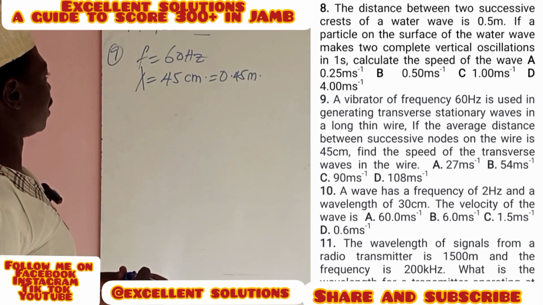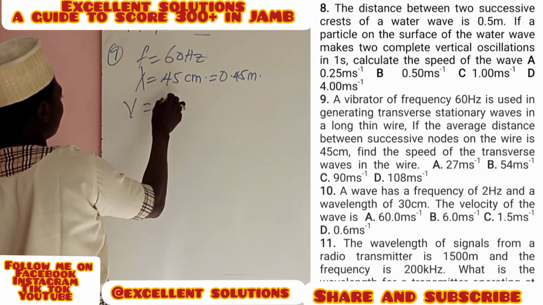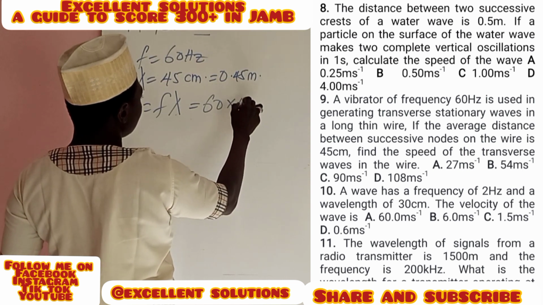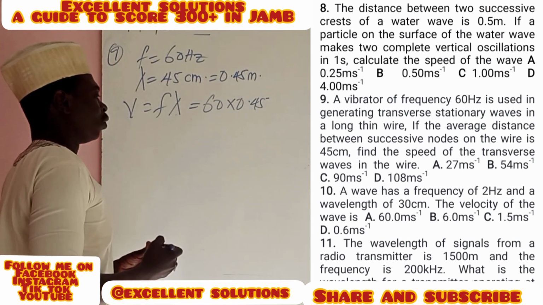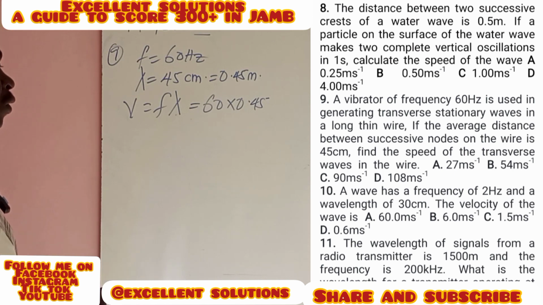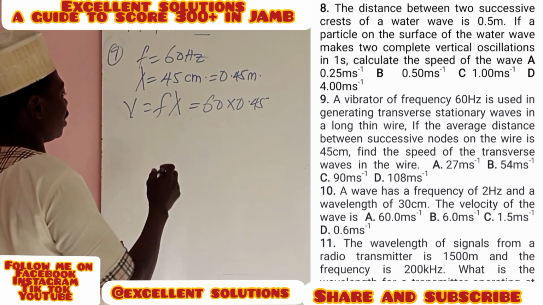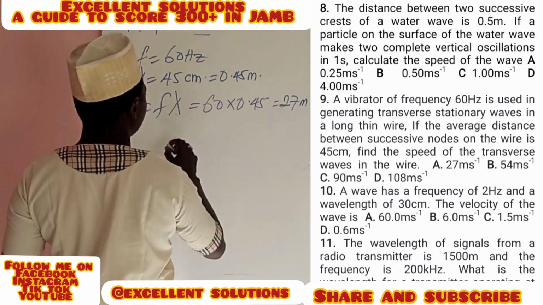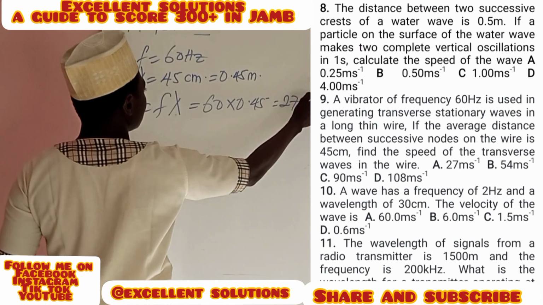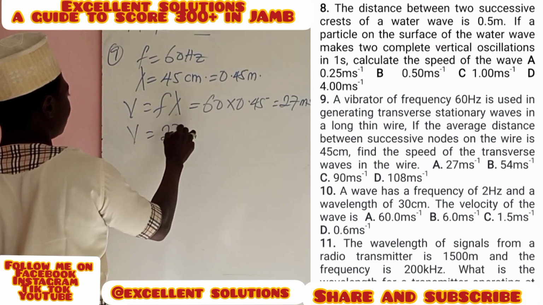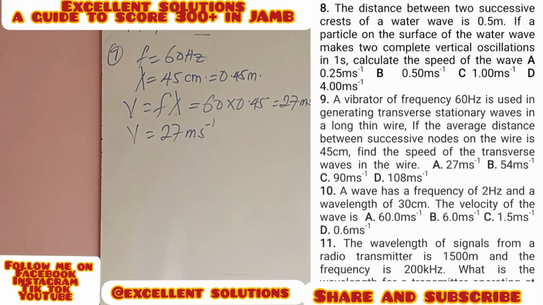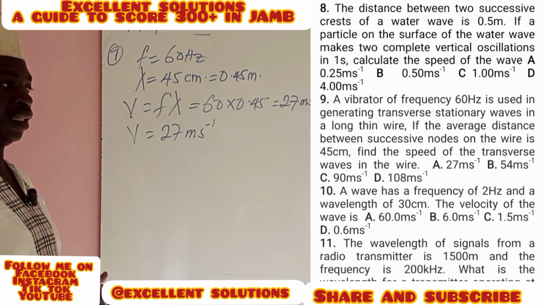So V equals F lambda, which is 60 times 0.45, and that gives us 27 meters per second. Looking at our options, the answer here is option A.